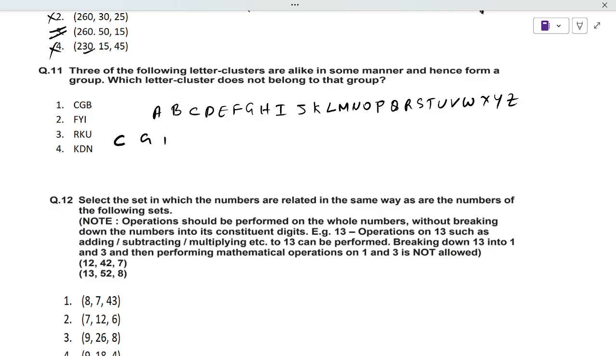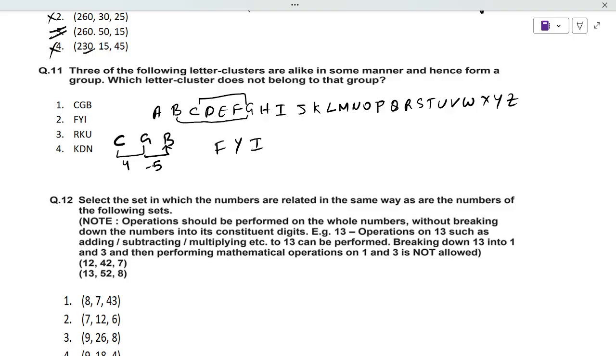So C, G, and B. C we have here plus 1 2 3 4, plus 4. Here we have G, 1 2 3 4 and 5. Yes, 5. Okay, what about for F, Y, and I?